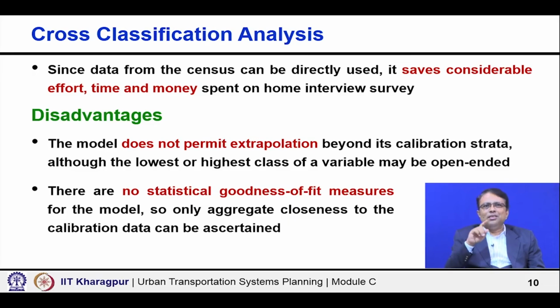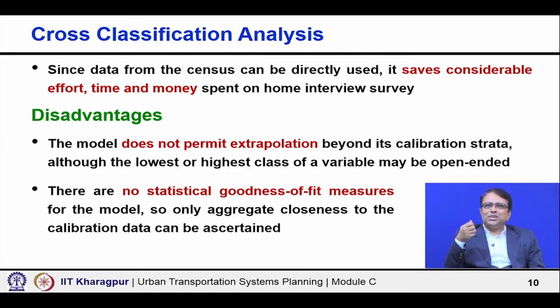Second, there is no statistical goodness of fit measure for the model. In the regression model, there were many assumptions, for example that the relationship is linear, and so many other things we had to assume, but at least you can see for given data how good or bad the fit is. You can always reject a model if you are not satisfied with its goodness of fit statistics, and that gives you confidence.